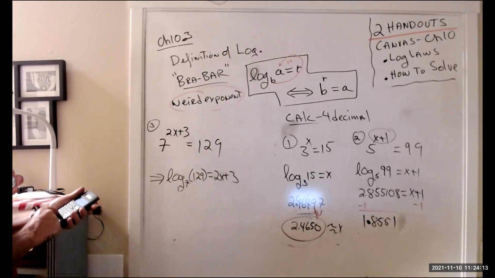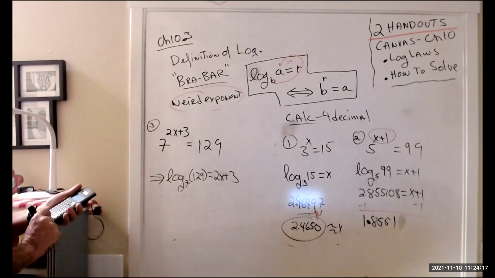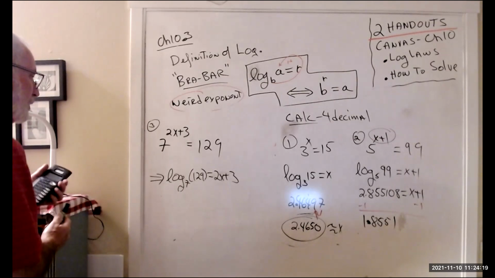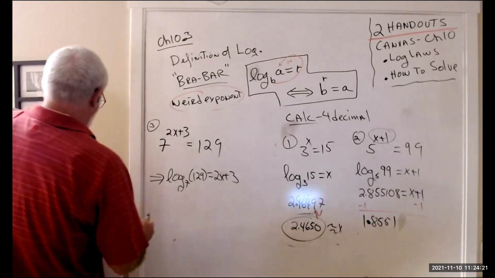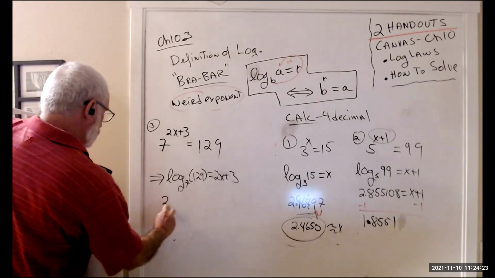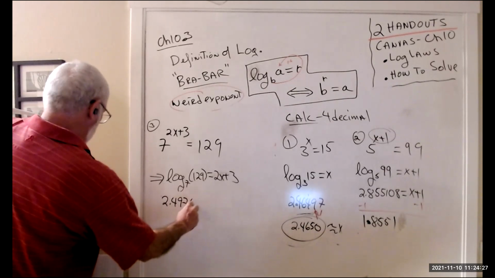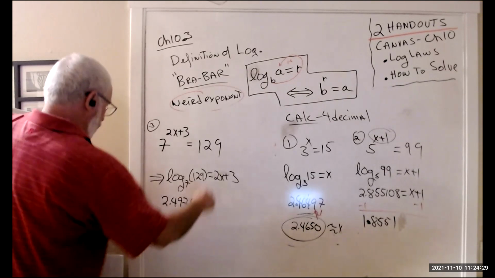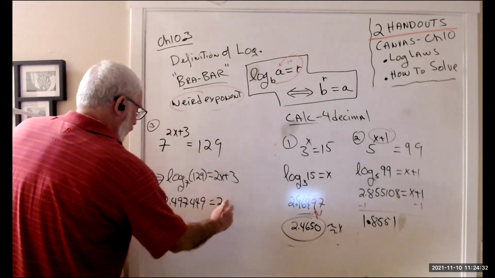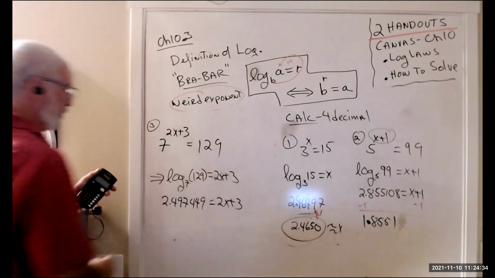Log base 7 of 129. And I get 2.497449 whatever equals 2x plus 3.